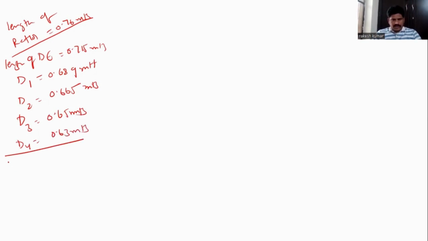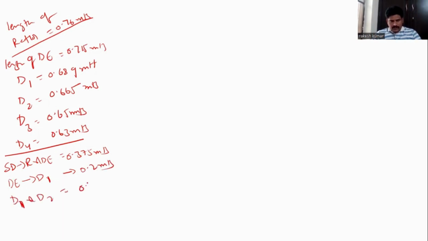Okay. Similarly, separation distance between reflector and driven element is 0.375 meters. Driven element and D1, it is 0.2 meters. And D1 and D2 is 0.19 meters.